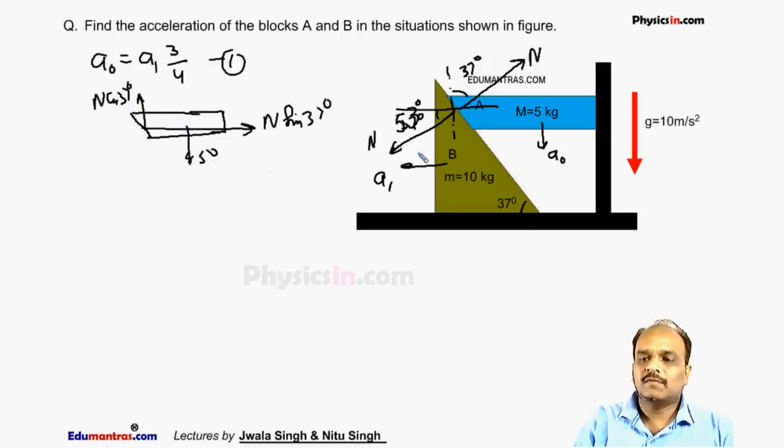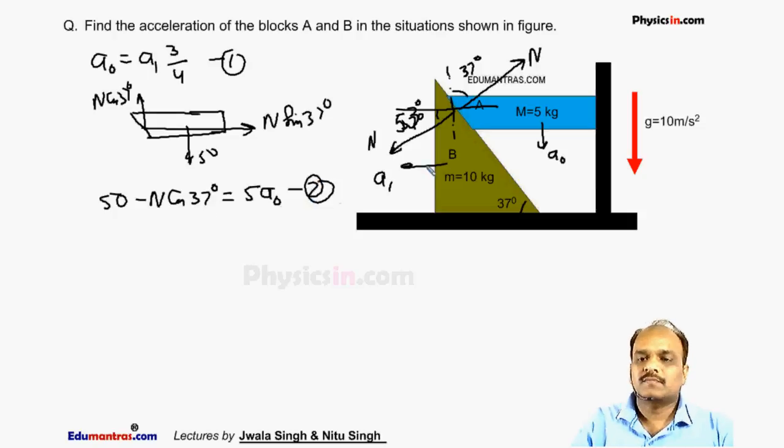Since this is going downward with an acceleration a naught, we can say 50 minus N cos 37 degrees is equal to 5 into a naught. This is our second equation. In the same way, the horizontal force on this triangular wedge is also N sin 37 degrees, and this N sin 37 degrees is equal to 10 into a1. This is our third relation.